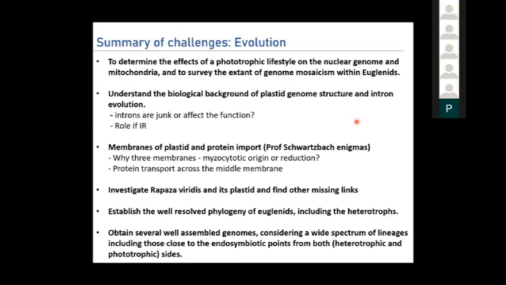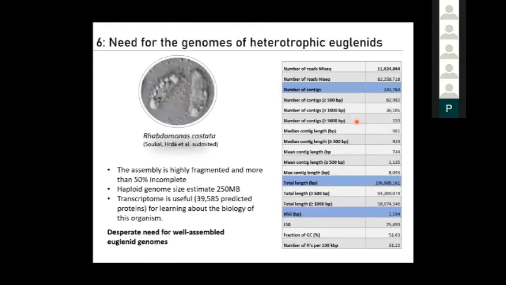So with your assembly of the costata, do you think you were running into the same obvious problem that we had with Euglena, that essentially was a huge amount of repeats that just basically got dumped because we couldn't assemble it? Well, I was not doing the assembly myself. I need to say that we started from whole genome amplified DNA because the culture is heavily contaminated by prokaryotes, as you can see.